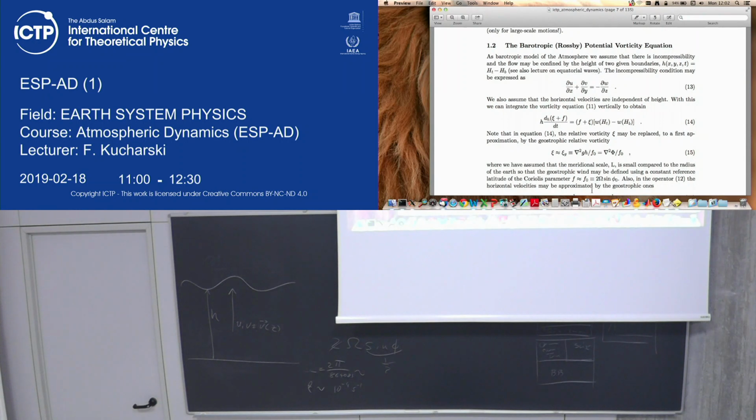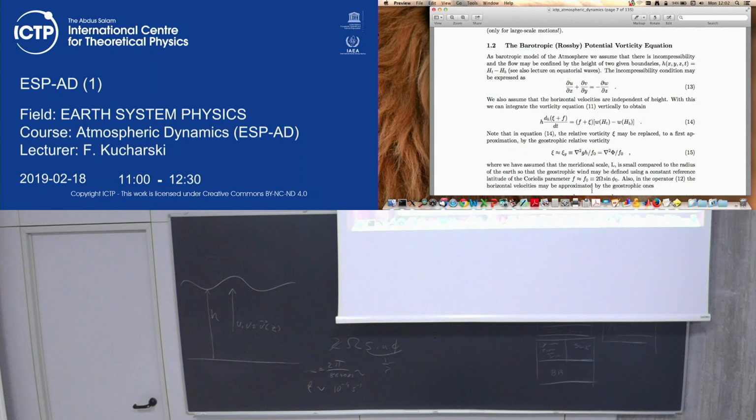But the velocity components here are all independent of height, so that integration is trivial, it just gives us the height. The right-hand side is also trivial, because since we have dw by dz, integrating with height means that we get the vertical velocity at the top minus the vertical velocity at the bottom, multiplied by the vorticity.